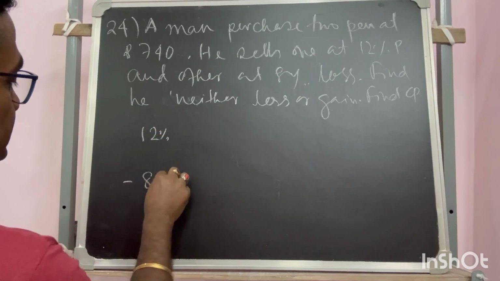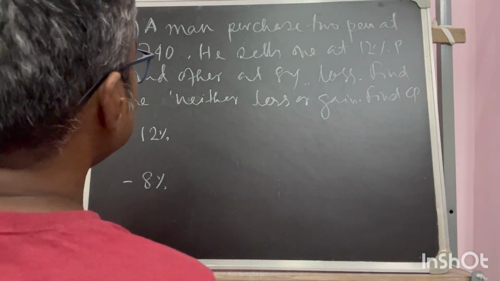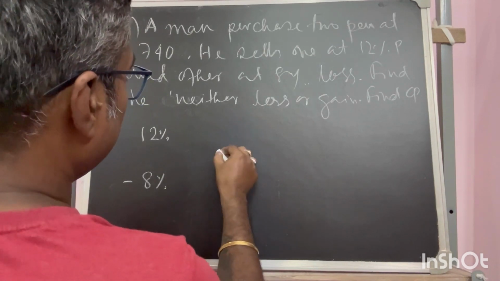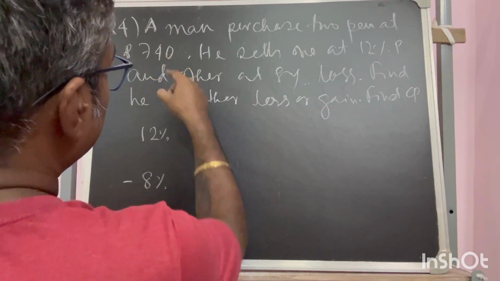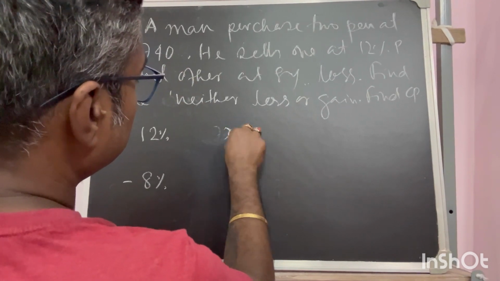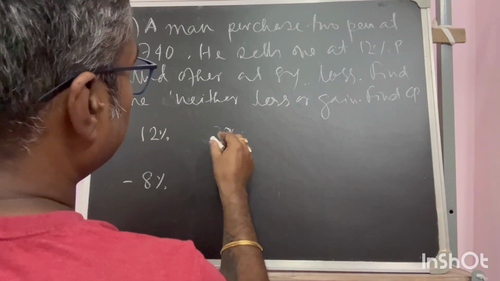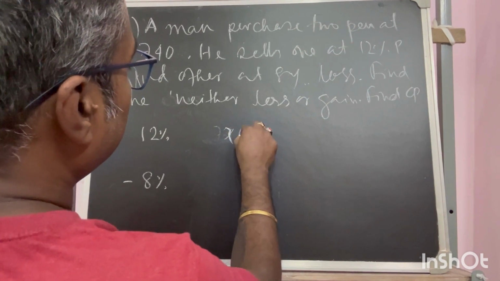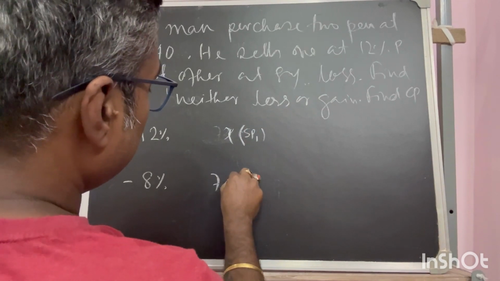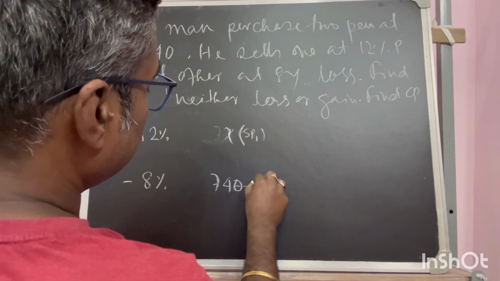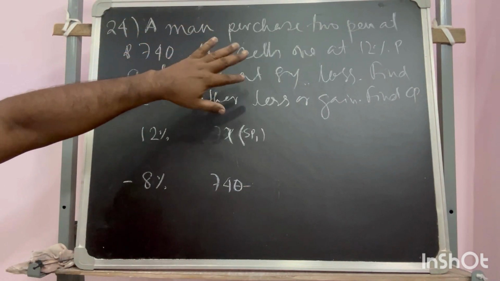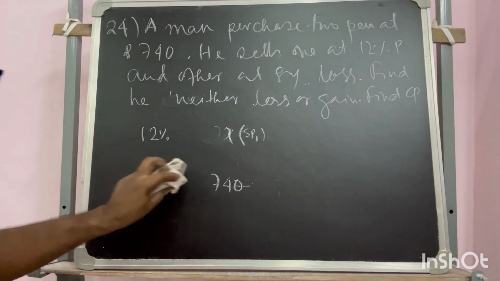So here your profit is 12%, loss is minus 8%, and the total cost price for both is 740. Let the cost price of the first one be X. Sorry, this is the cost price, not the selling price.